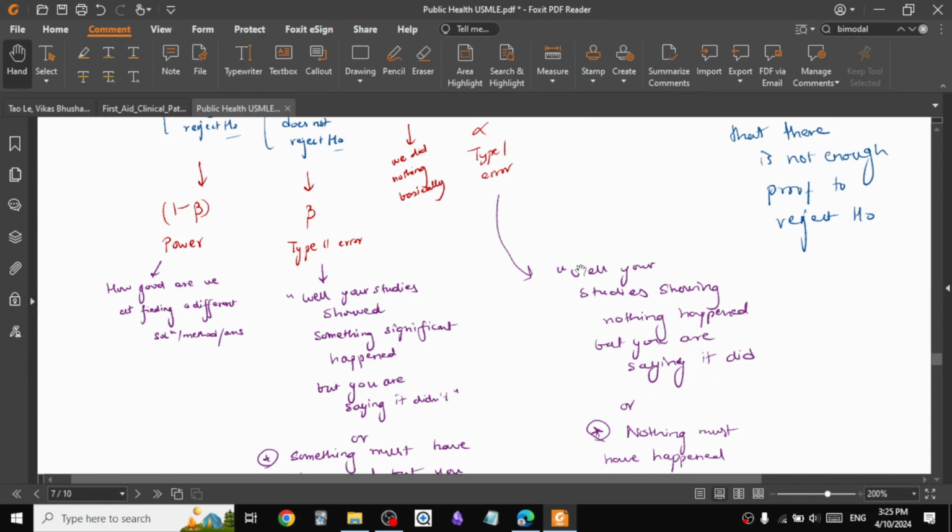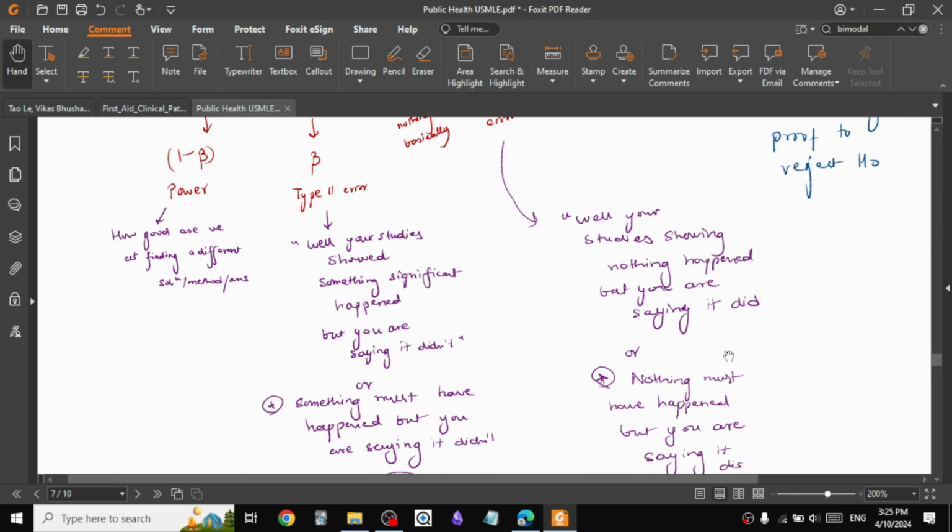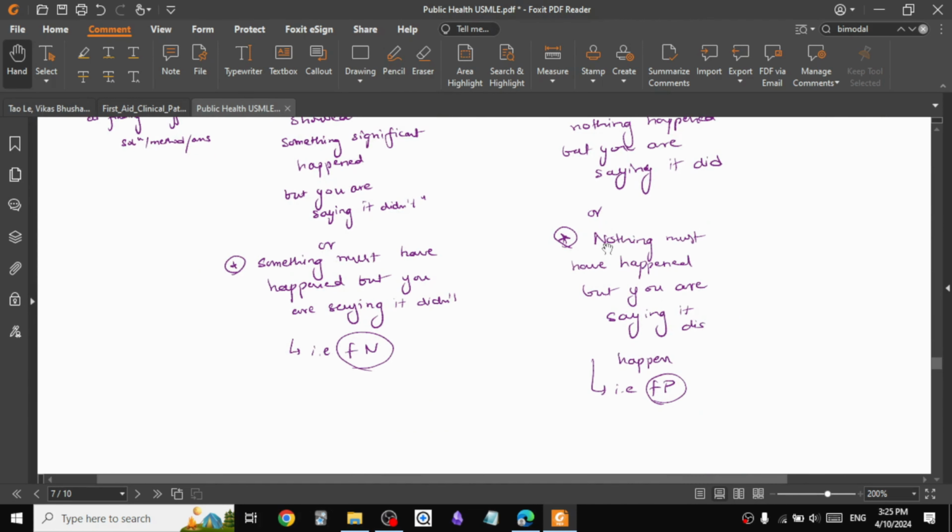Your study shows nothing happened, but you're saying it did. You're not supposed to do anything, but you're saying something happened. You're falsifying your results, right? Or another way of saying it is, nothing must have happened, but you're saying it did happen. This is a false positive error.